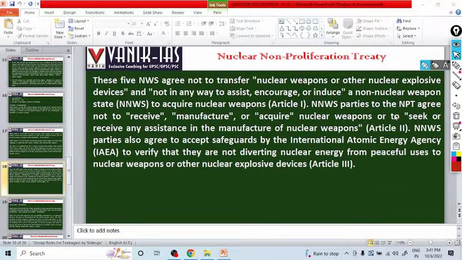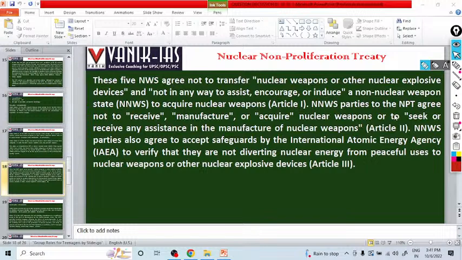These five nuclear weapon states agreed not to transfer nuclear weapons or other nuclear explosive devices, and not in any way to assist, encourage or induce a non-nuclear weapon state to acquire nuclear weapons. Non-nuclear weapon states party to the NPT agree not to receive, manufacture or acquire nuclear weapons, or to seek or receive any assistance in the manufacture of nuclear weapons.